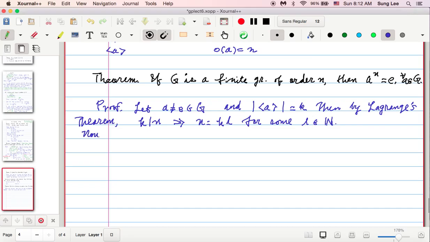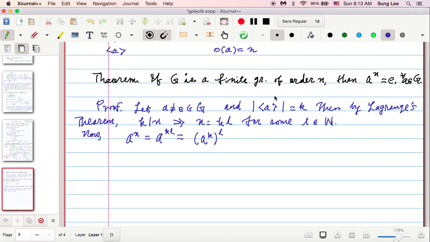Now a to the power n equals a to the power K times L, and that can be written as a to the K, to the power L. K is the order of the cyclic subgroup generated by a, which is also the order of a, by definition.